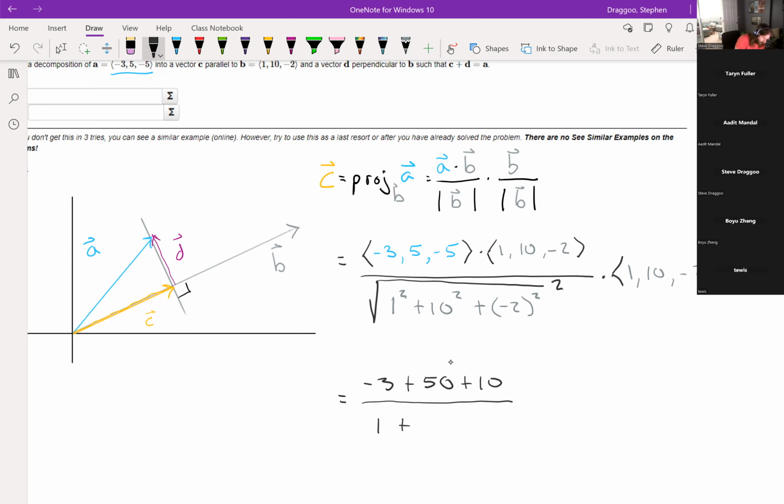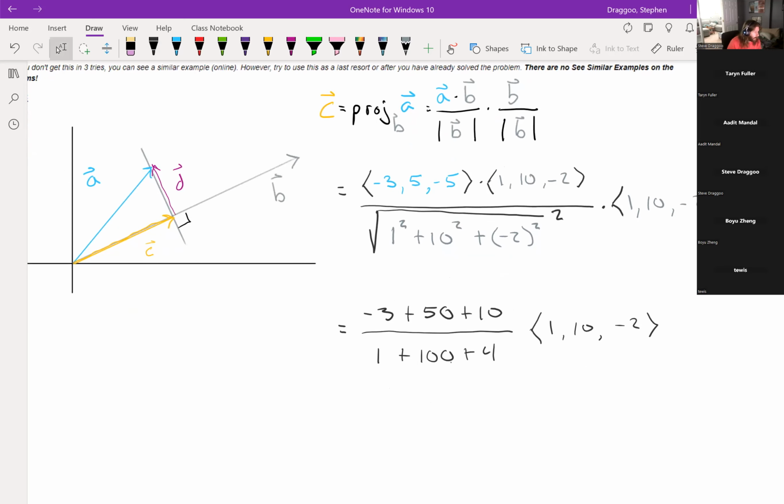I've got 1 plus 100 plus 4, again being dotted into the vector 1, 10, -2. And then finally, just clean up that fraction a little bit. This is 57 divided by 105 being multiplied into the vector 1, 10, -2.